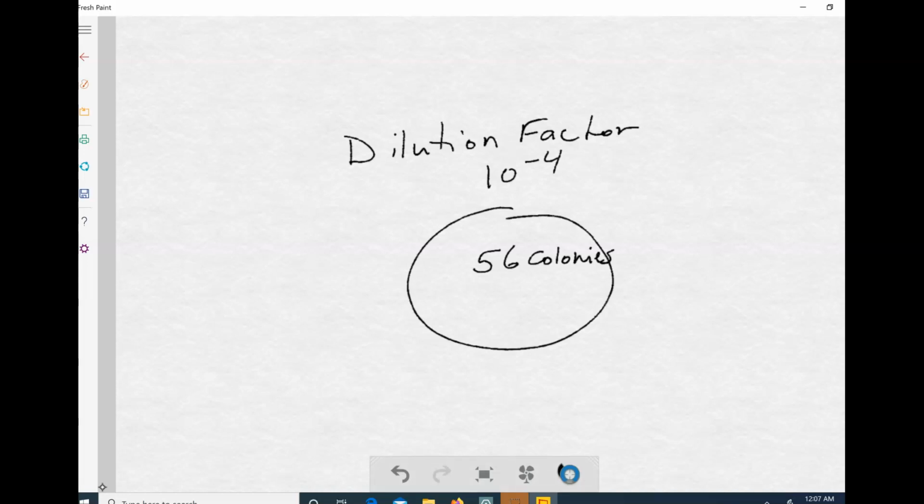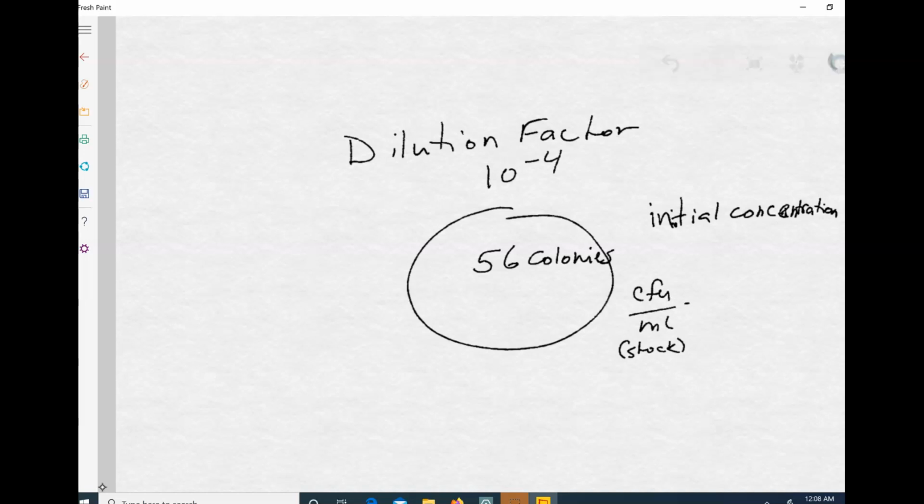The equation that you want to use to calculate the concentration of your stock solution, the thing you began with, is concentration, so CFU per mL of your stock, equals how many colony forming units you counted on your plate, divided by the volume that you put onto your plate, times the dilution factor.